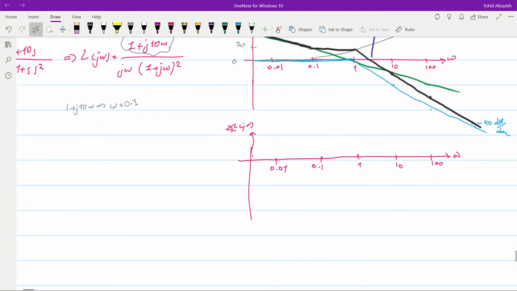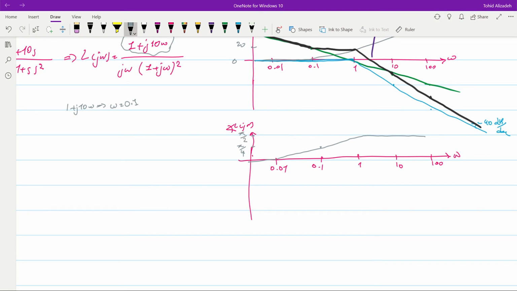In terms of the phase, for the zero which is at omega equal to 0.1, at that point we will have pi over 4, and eventually the phase contribution of the zero will become plus pi over 2.